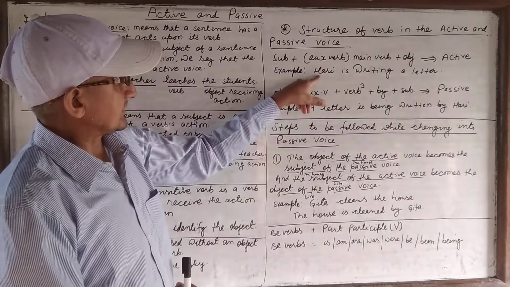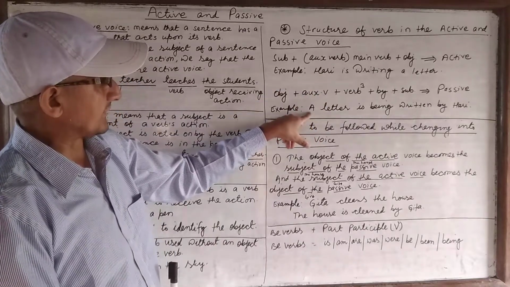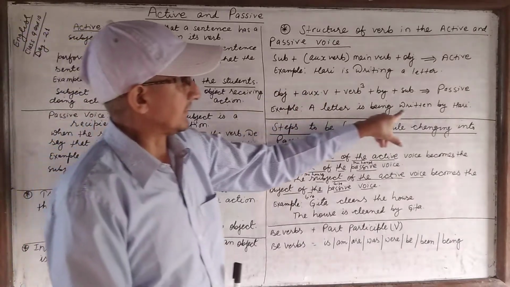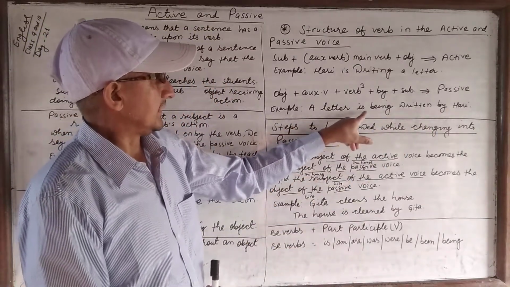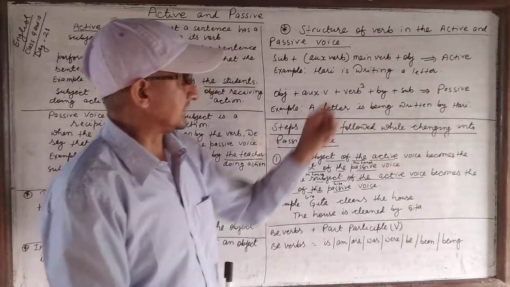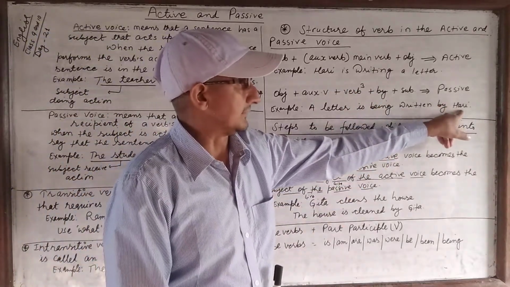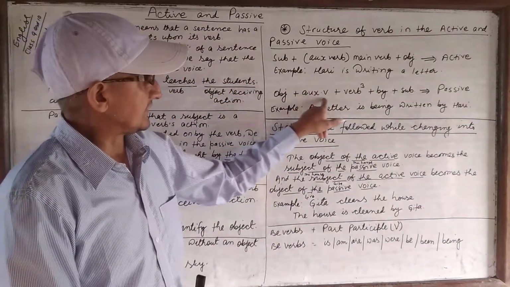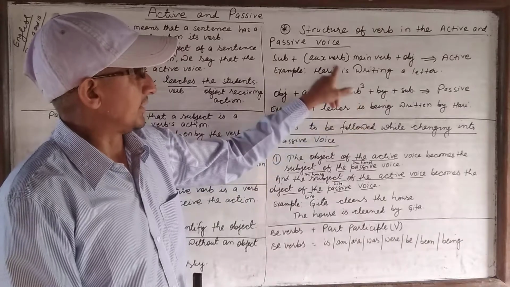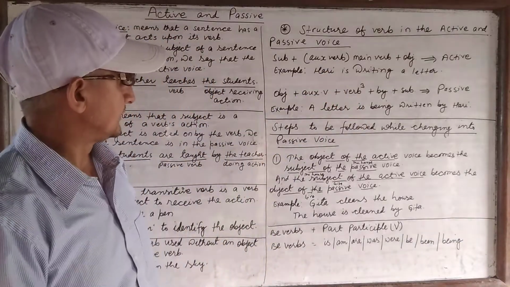Let's change this sentence into passive: A letter is being written by Hari. A letter is the subject here, is being written is the verb in passive, by Hari is the agent. In this way, this is the structure of passive voice and this is the structure of active voice.